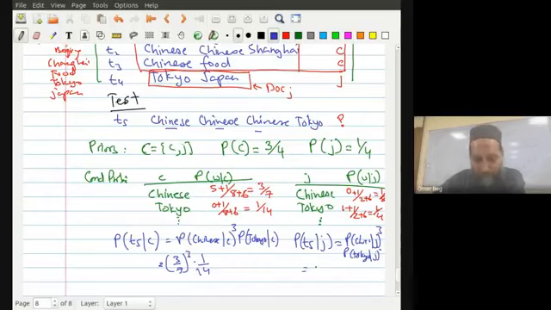And this would be 1 over 8 whole cubed multiplied by 1 over 4.